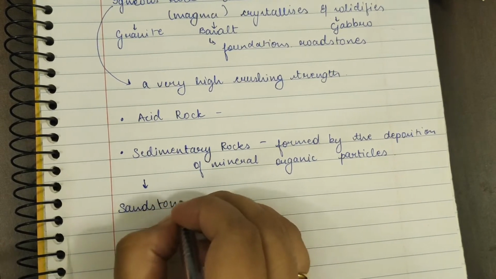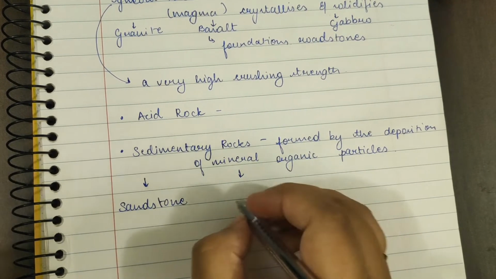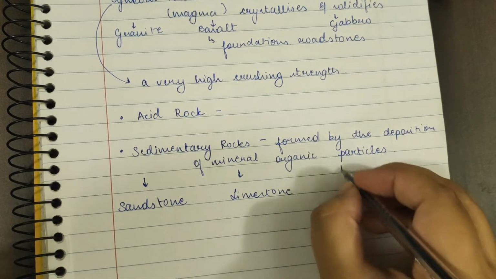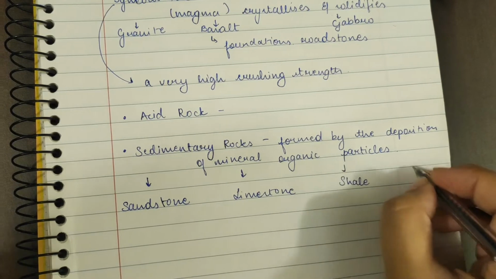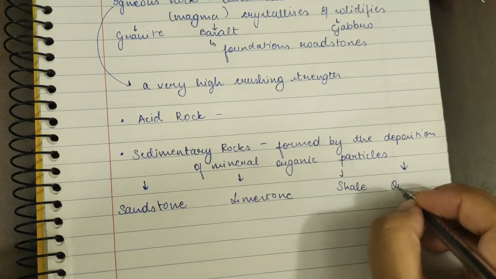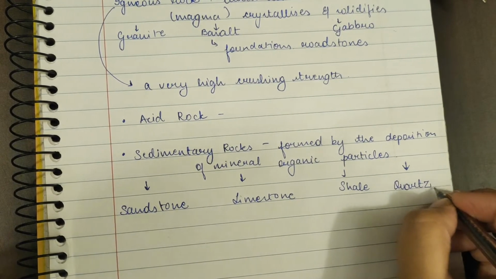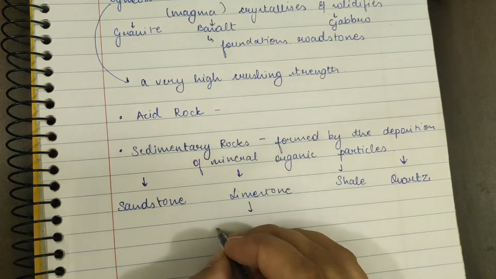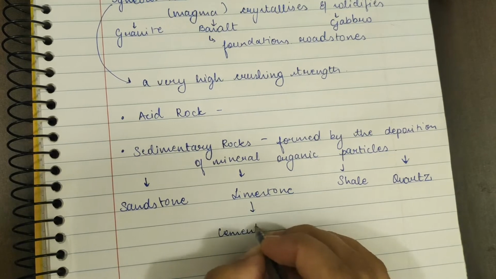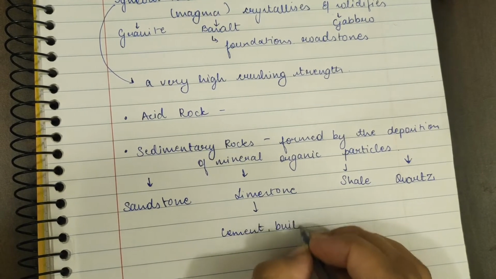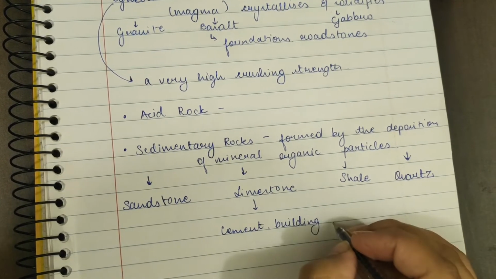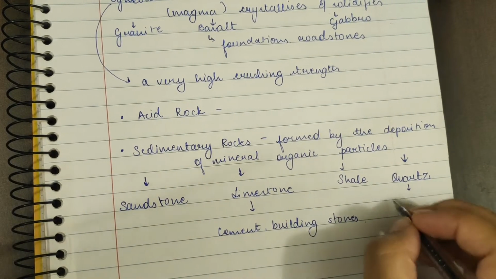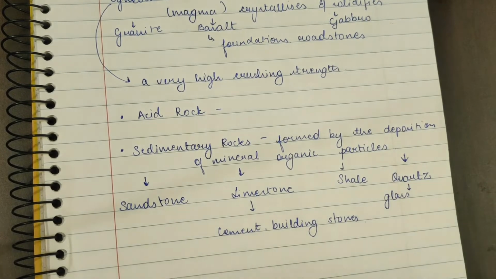So you have sandstone, you also have limestone, shale, and also quartz. So these are all names that we are pretty familiar with. Limestone, for example, is used in making cement and building stones. Quartz is used in glass making industries.